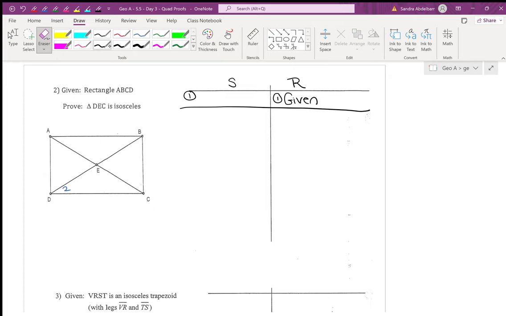What overlapping triangles am I talking about? Let's do pink. ADC, that triangle, and BDC.